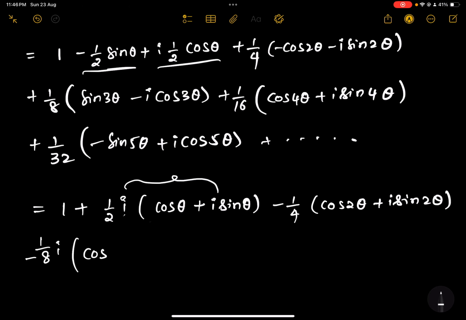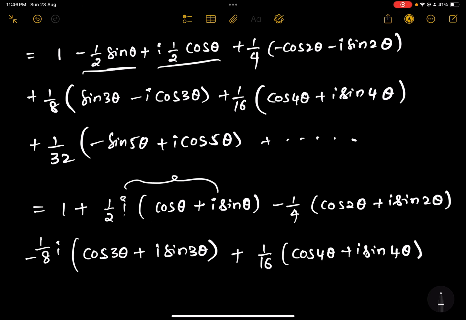Then you'll get cos 3 theta plus i sin 3 theta. This is what you're going to get. Now here 1 by 16 is common. This is simply cos 4 theta plus i sin 4 theta.